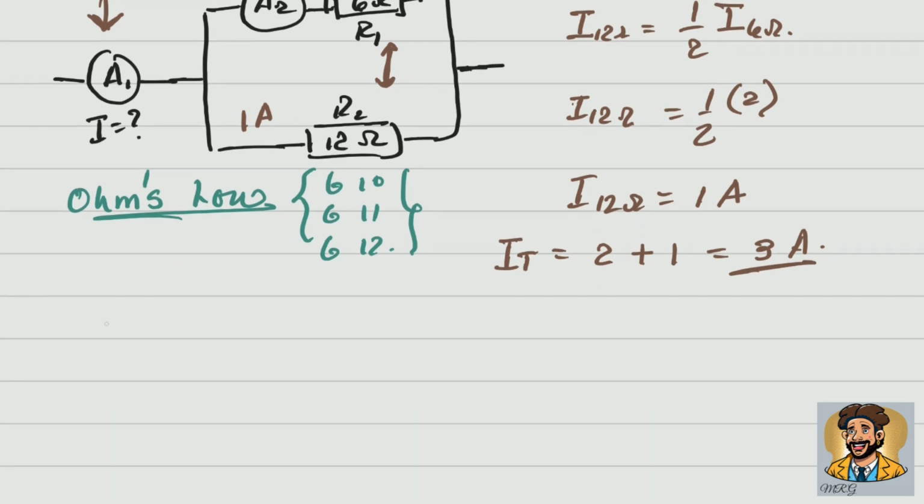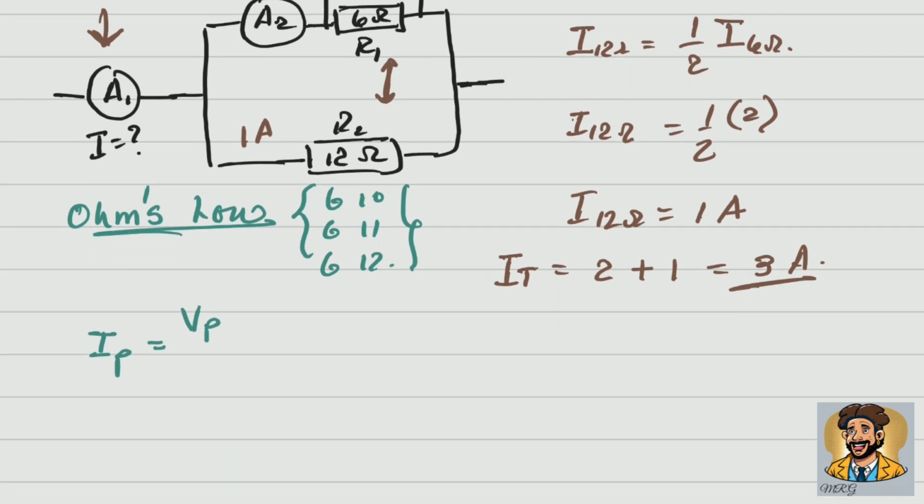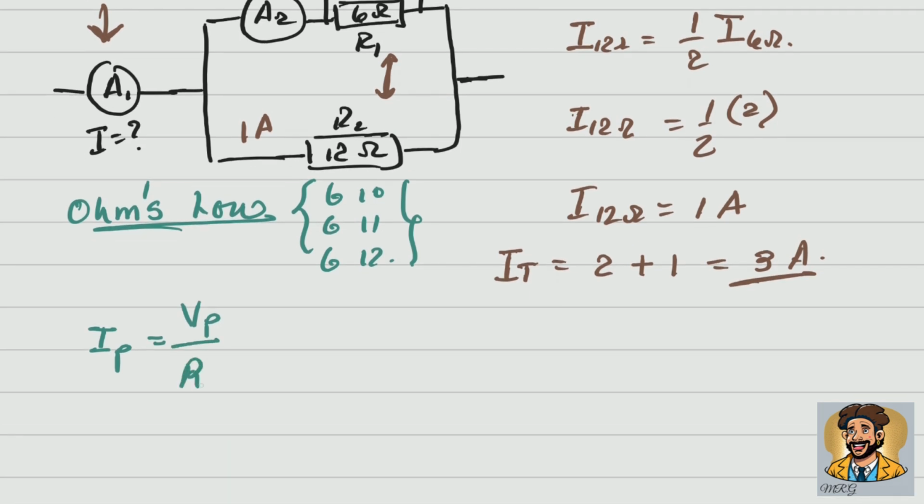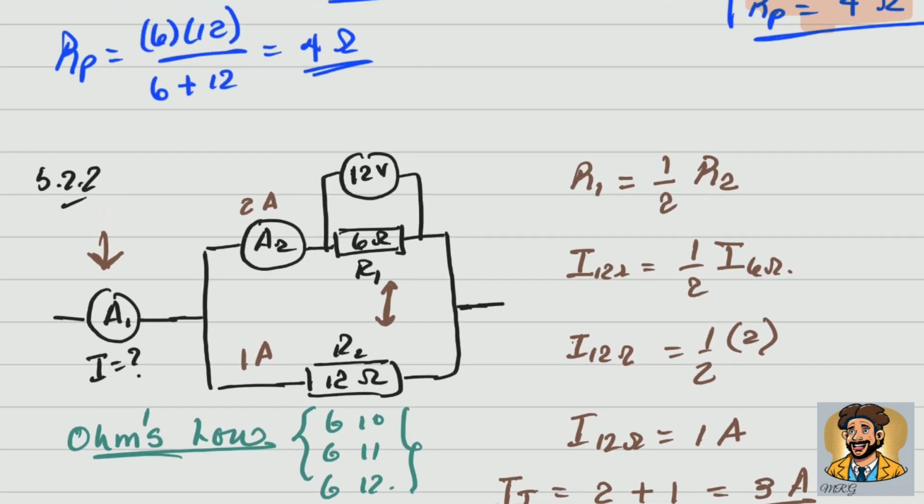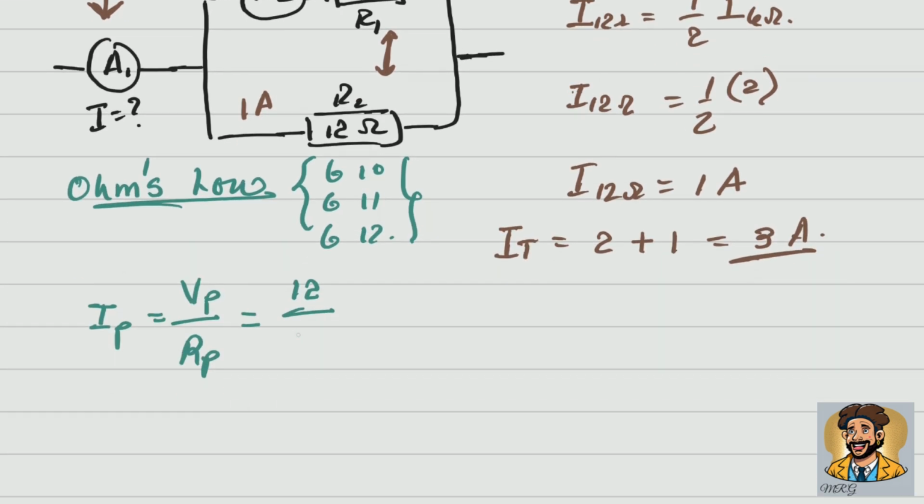Okay, so we can say that the current in the parallel circuit is equal to the potential difference in the parallel circuit, which we already have, it is known, it is 12 volts, divided by the resistance in a parallel circuit, which we just calculated. Right? So the potential difference in the parallel circuit is 12, and the resistance in parallel we just calculated is 4 ohm. So the answer here is 3 ampere.